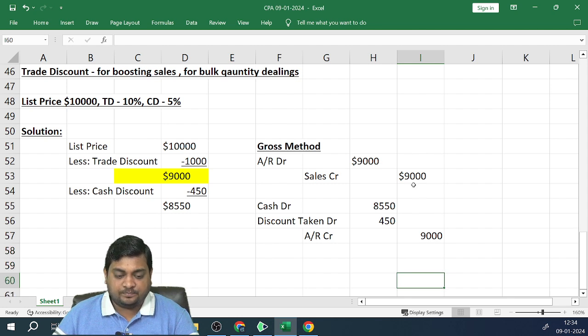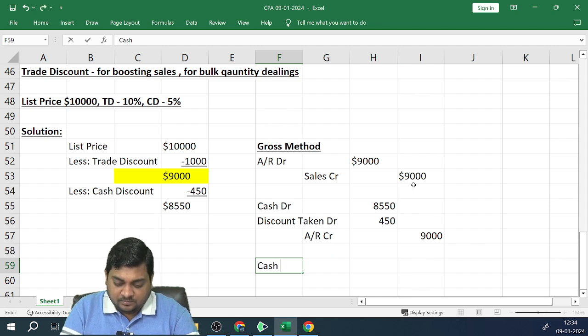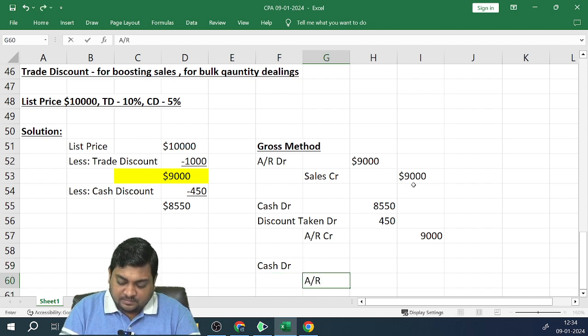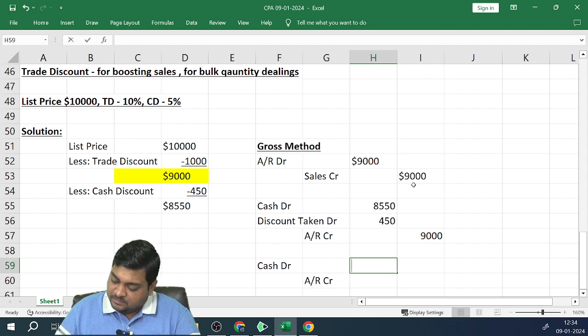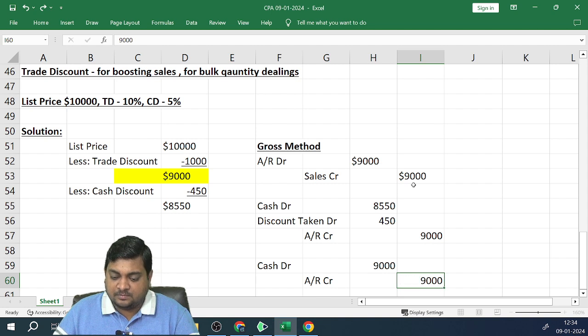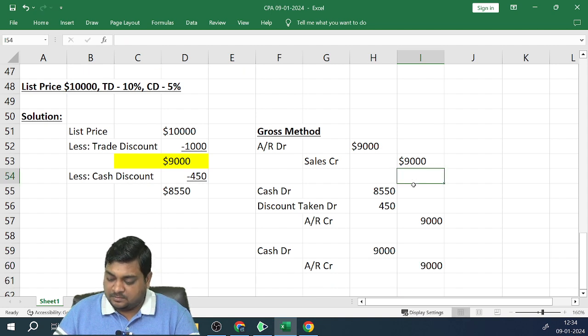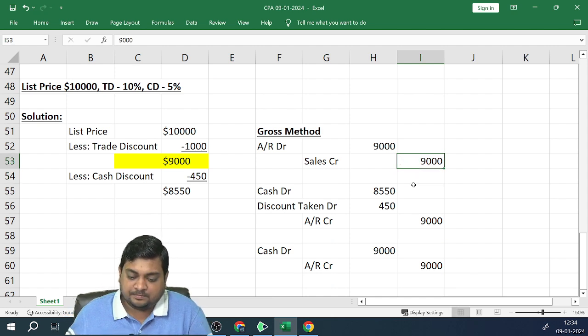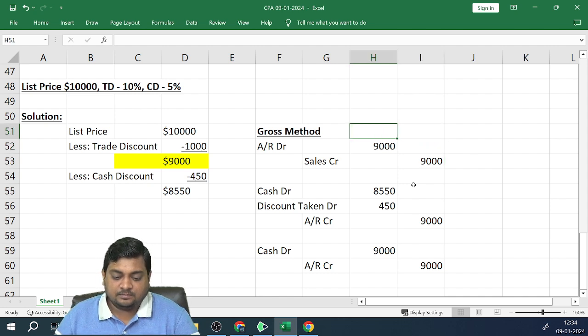Right? And if not availed, then simply cash debit, so this 9,000 is the gross figure.